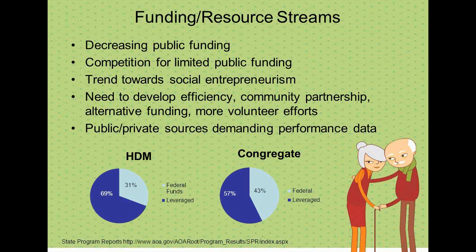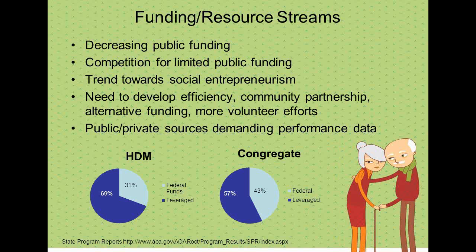Okay, so we're moving on to a new slide here, which is also talking about funding resource streams. You report your expenditures annually to me, and what I'm showing here is that for the home-delivered meal, federal funds are used for 31% of those.